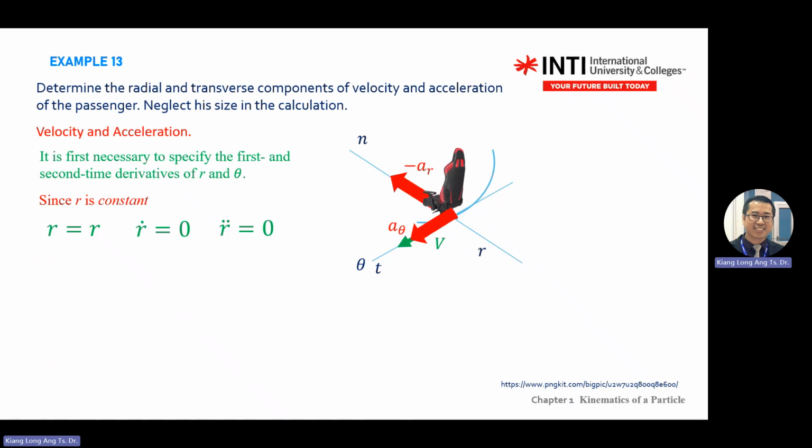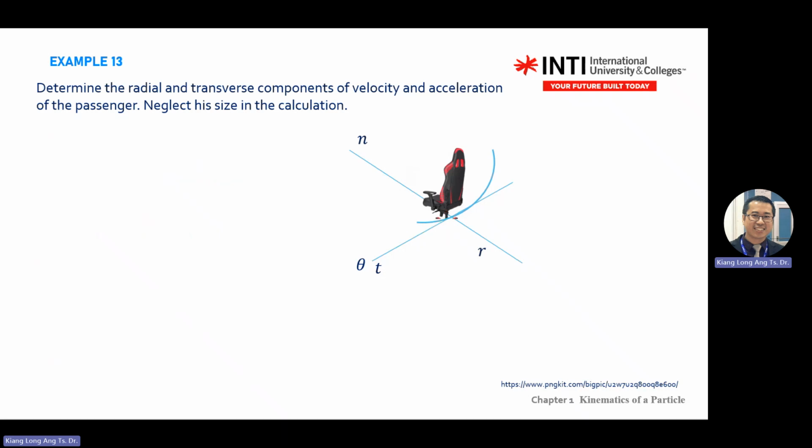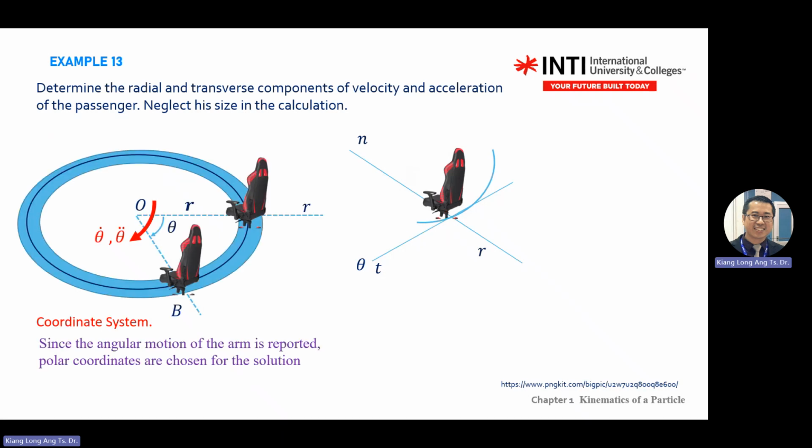Because in the circular motion question, this circle doesn't change r. This chair doesn't move away. What is meant by r dot? r dot means the rate of change of r of this object. The r doesn't change, so you get 0. r double dot means you differentiate 0, you still get 0.